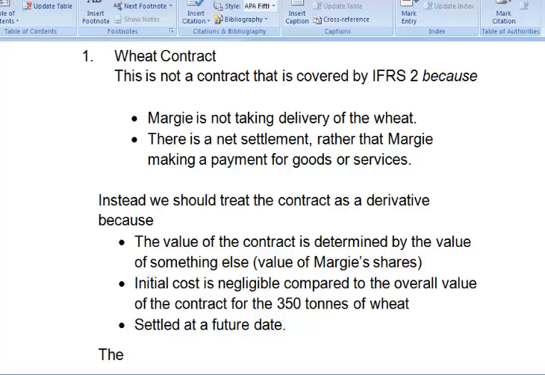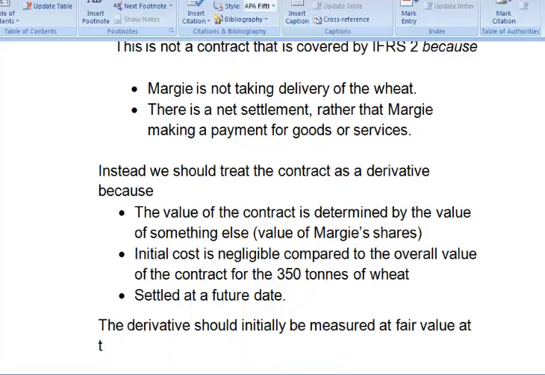So the derivative should initially be measured at fair value at the date the contract is signed.